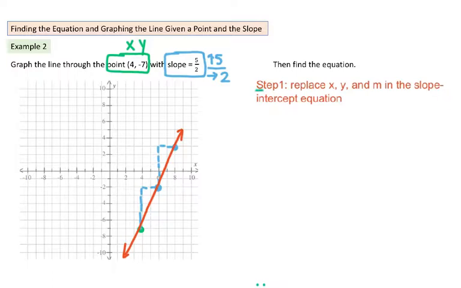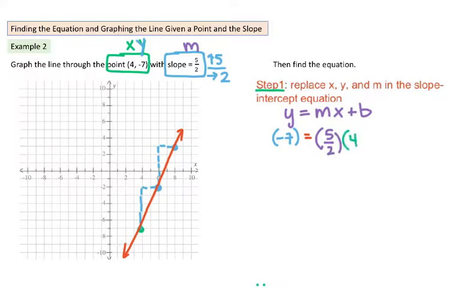Okay, step 1 is we're going to replace x, y, and the slope, which is m, into the slope-intercept equation, which you will remember is y equals mx plus b. So in this case, the y is -7. The slope is 5/2. The x is 4 in this case, and we're not sure about the b, but that's okay.